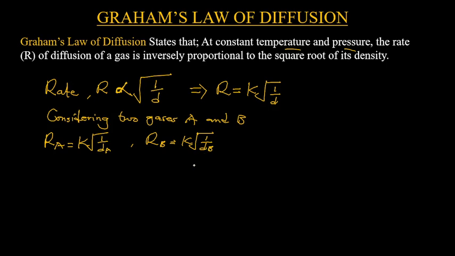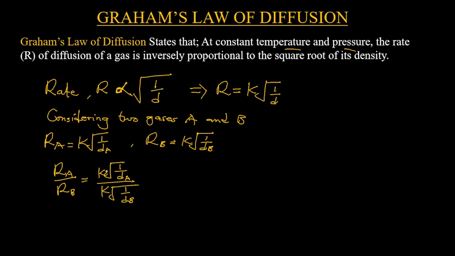So when we find the ratio between these two, the ratio of A to B, we'll say that the rate at which A diffuses with respect to that of B will be equal to that of A, square root of 1 over the density of A, all of this divided by the square root of 1 over the density of B. So that's going to be the ratio between them.